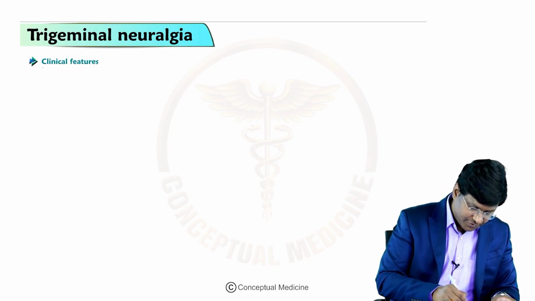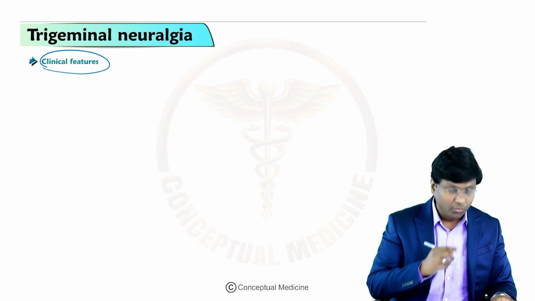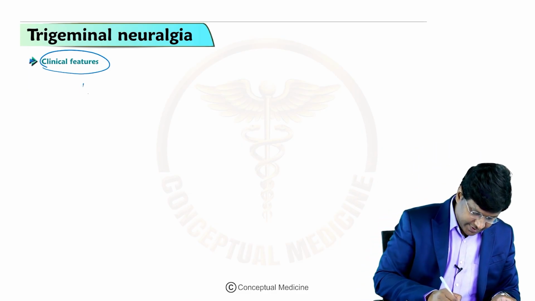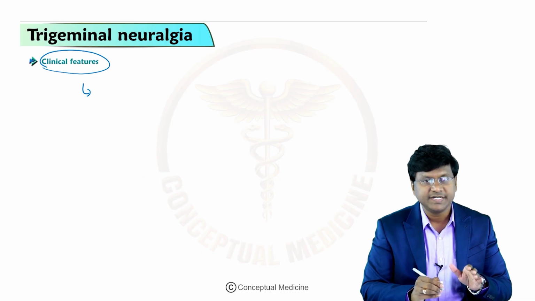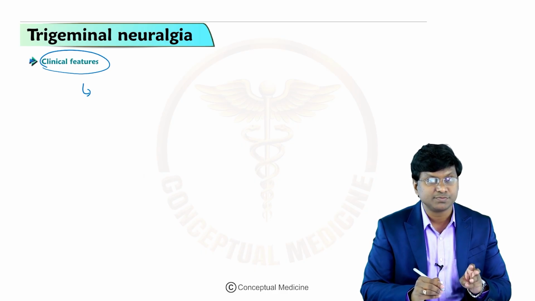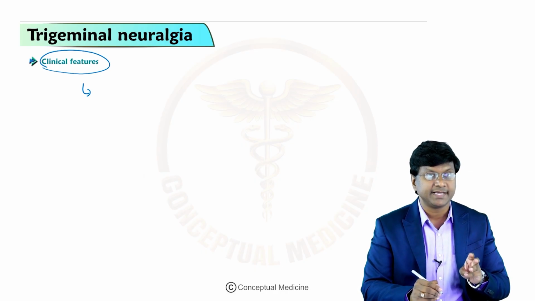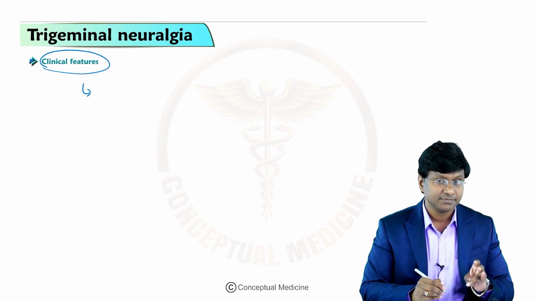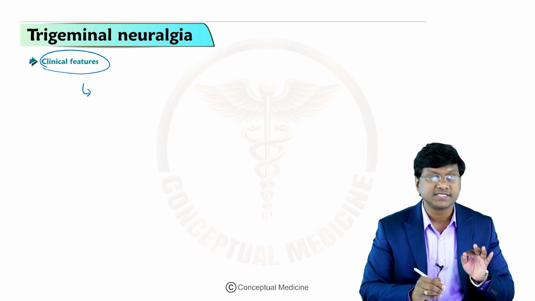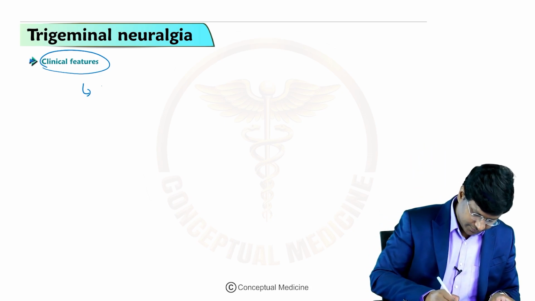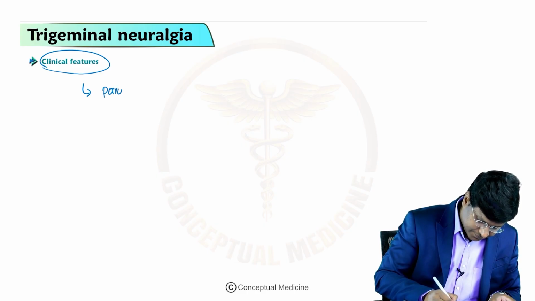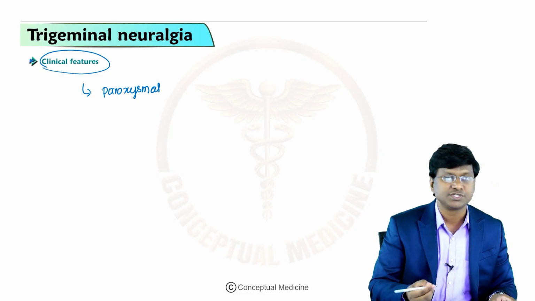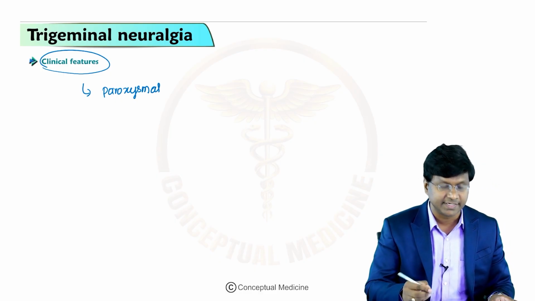At the same time, you need to know the clinical manifestations of trigeminal neuralgia. It is defined clinically by paroxysmal, stereotyped attacks of usually intense, sharp, superficial or stabbing pain. The episodes are paroxysmal in onset, that means they appear suddenly.